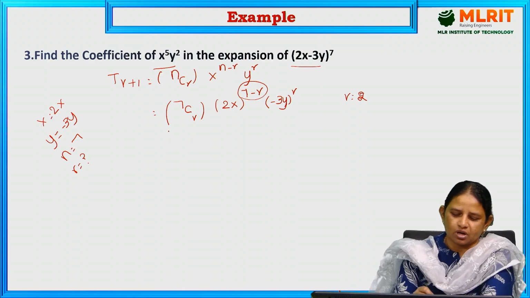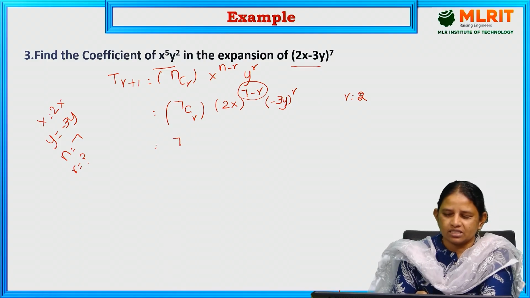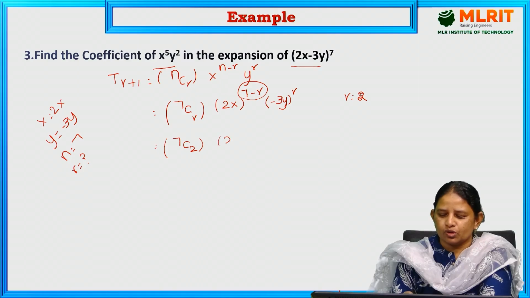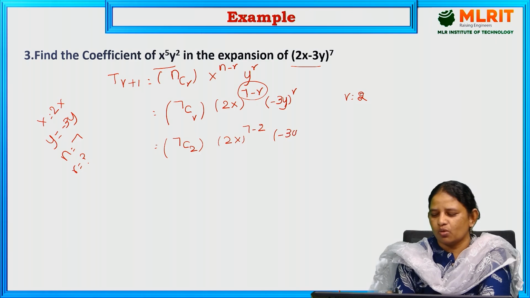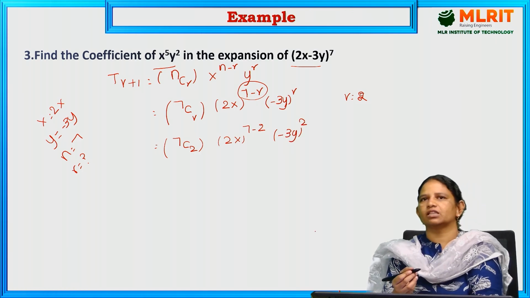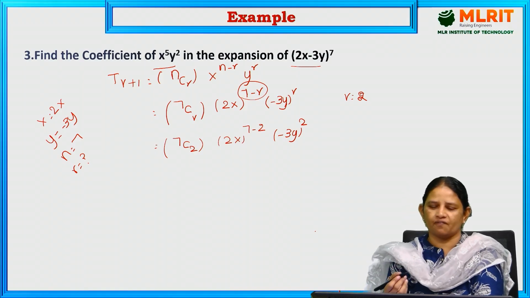So substitute r is equal to 2: 7C2 into (2x) whole power 7 minus 2, into (minus 3y) whole power 2. Because the r value is equal to 2, only then do we get the coefficient of x to the power of 5 and y square.